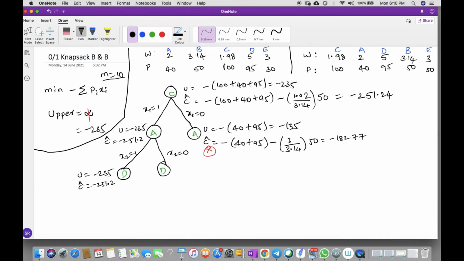1.98, so we should not consider 2.5, which would be 5 plus 1.98 is 6.98, and it crosses 10, so we can't include 3.14.